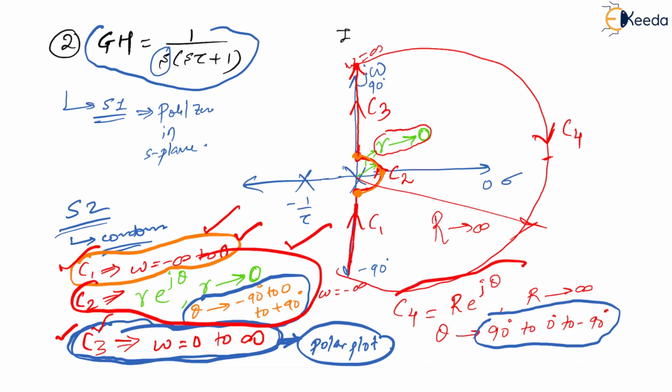Now, how to map C4? Let us see that. C4 is R into e to the power j theta, where r tends to infinity.